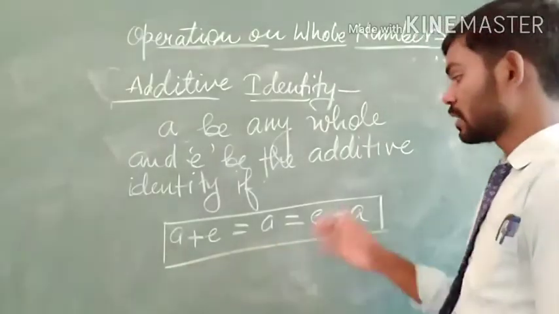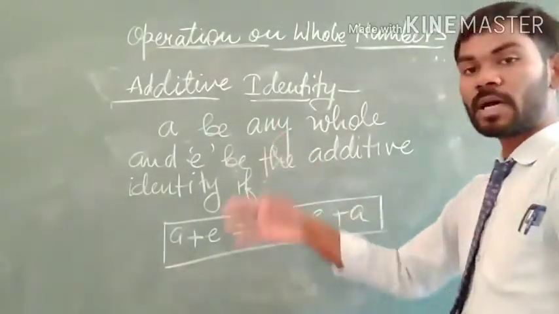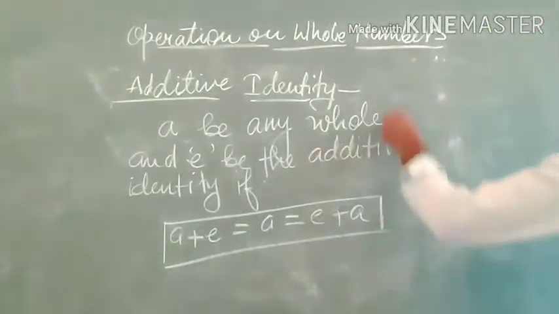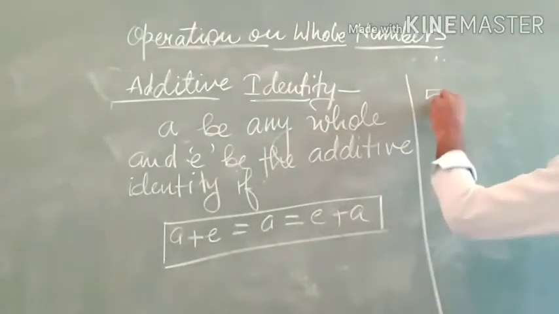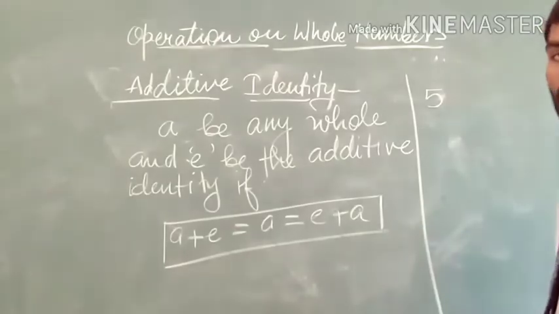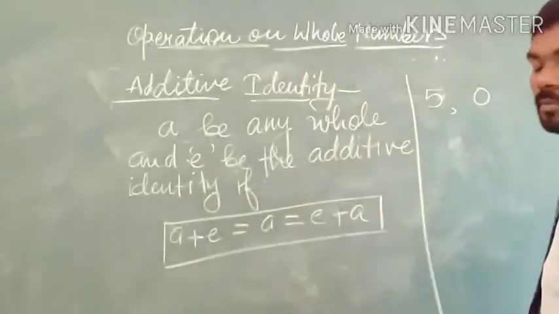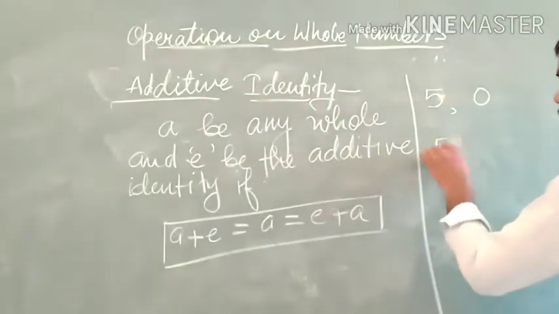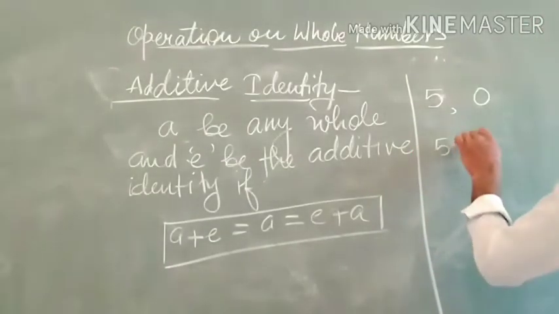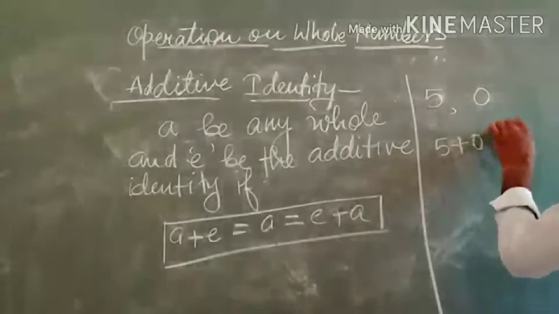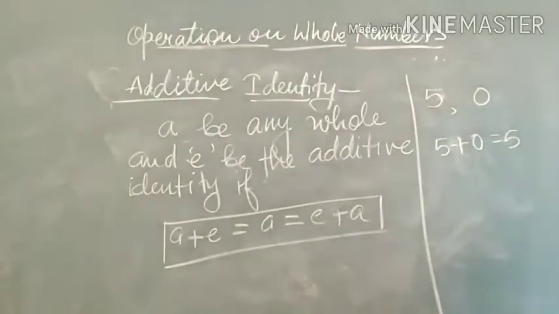Now let us see this concept by an example. Suppose that 5 is any given whole number and 0 is the additive identity. Therefore, when we add 0 to 5, we get the result as 5.